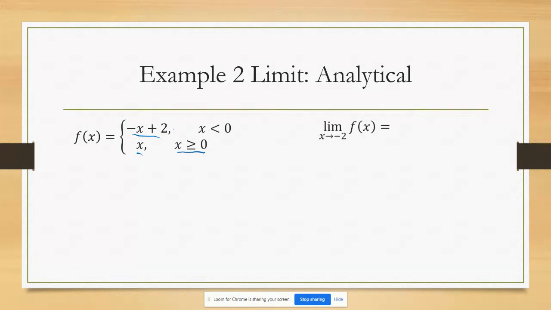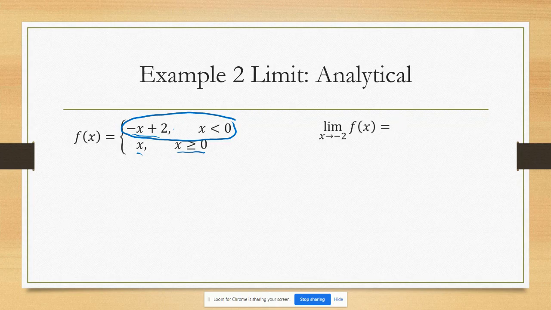So then here's a question: the limit as x gets close to -2. Well, I would use this part of the definition because close to -2 is certainly less than 0.